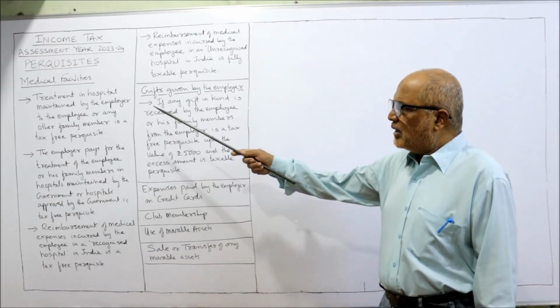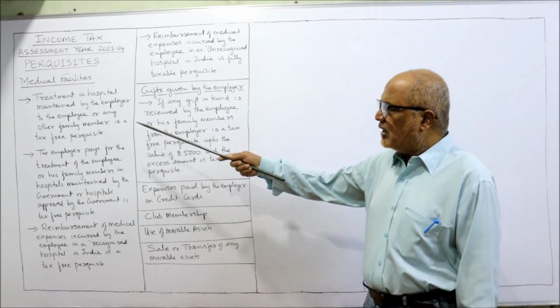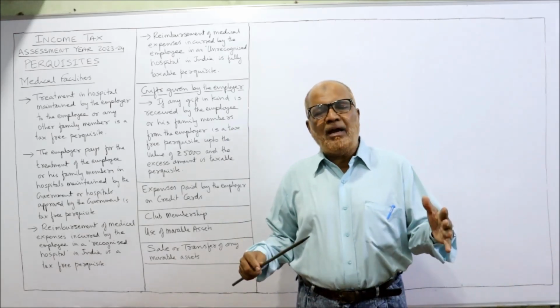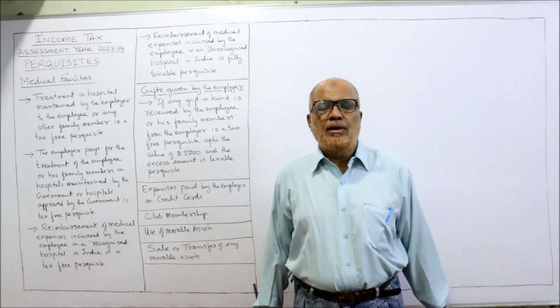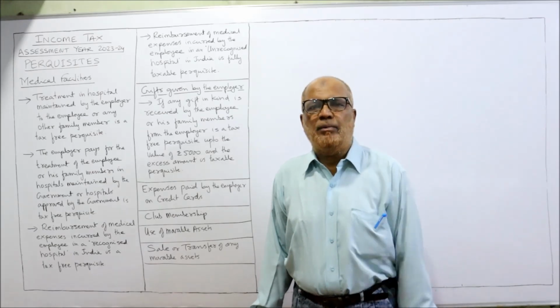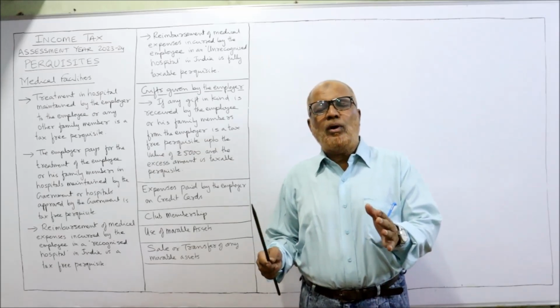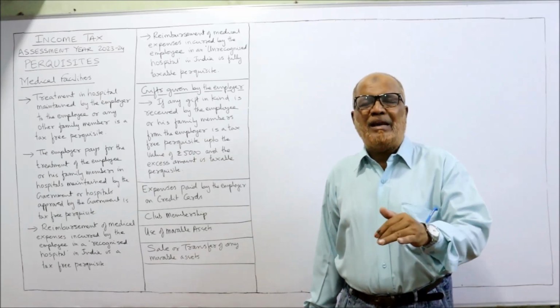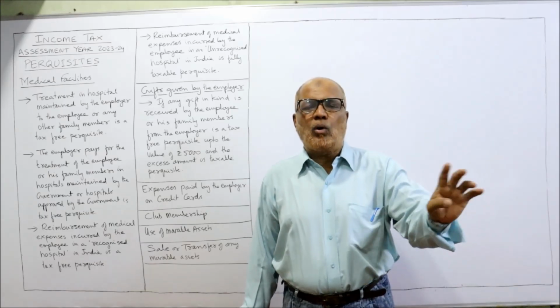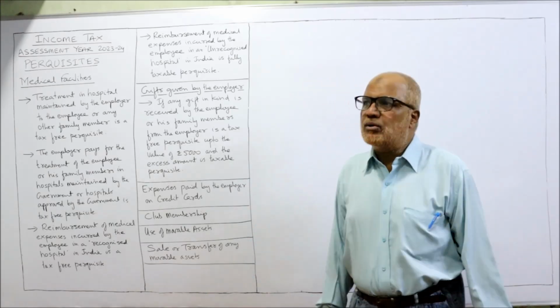Treatment in a hospital maintained by the employer, given to the employee or any other family member, is a tax-free perquisite. Sometimes the employer maintains a hospital mainly for treatment of employees or their family members. If any employee or family member gets the benefit from the hospital run by the employer, it is a tax-free perquisite.